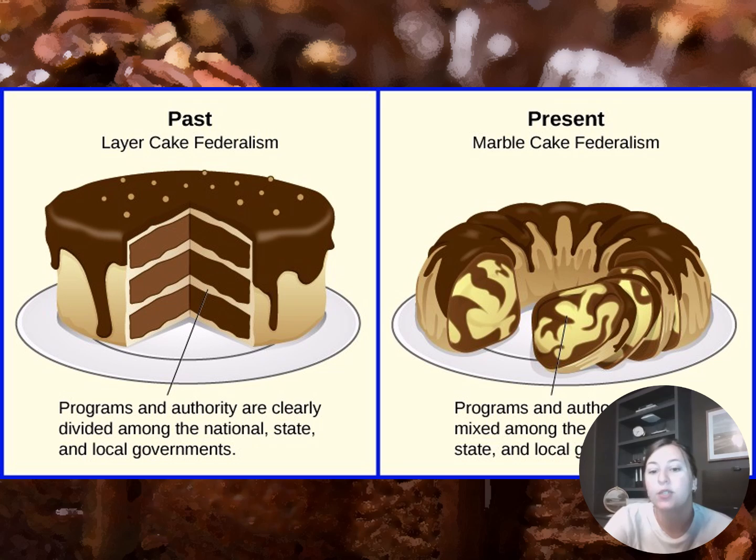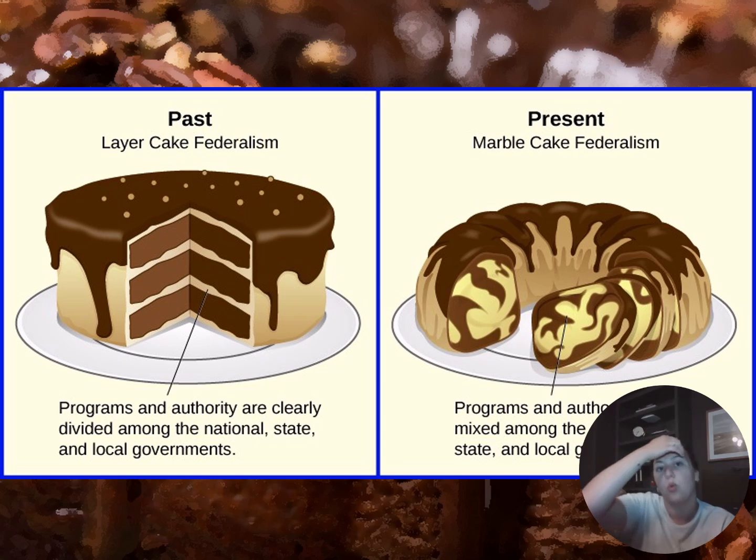That leads me to a little more discussion on how federalism has changed over time. Federalism, initially as the founders viewed it, and maybe even prior to the Civil War, looks something like a layer cake, right? So we call this dual federalism. In dual federalism, you have power over programs that are clearly divided amongst each level.